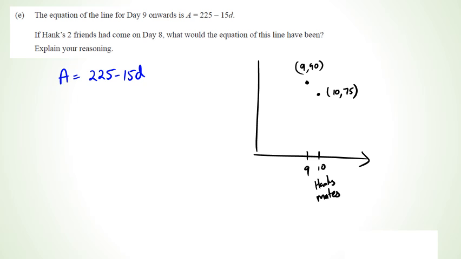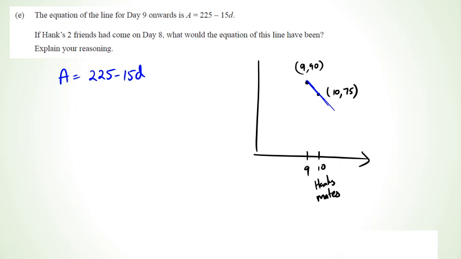on the 10th day. Now this blue equation is for this particular graph. But what they're saying is that if Hank's friends had come on day 8, then what would the equation of this line be? So day 8 means this entire graph has to shift 2 days back.